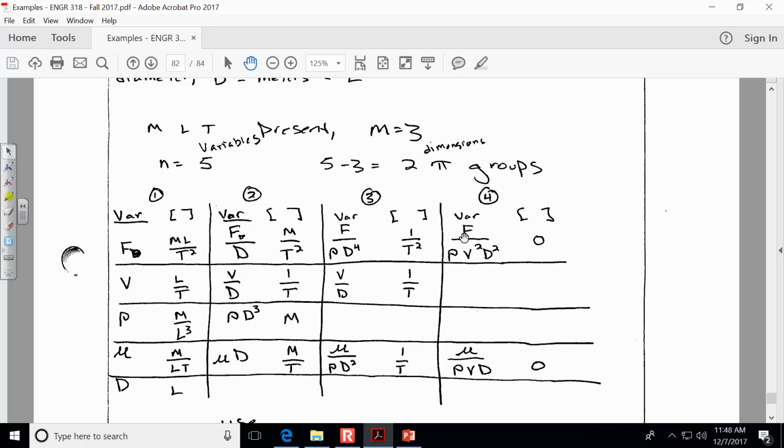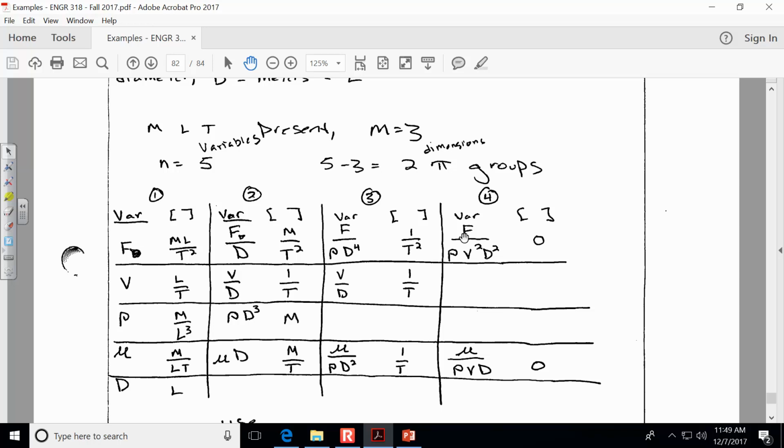Right now it's got mass in the numerator, so I'm going to have F divided by density times diameter to the 4th, and then the resulting units of that will just be 1 divided by time squared. Okay. Does everybody see the logic of that step, why we did it?